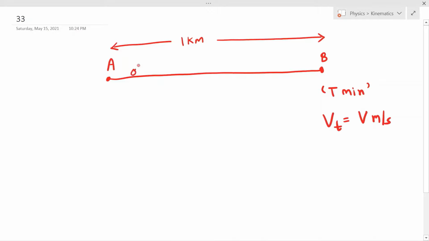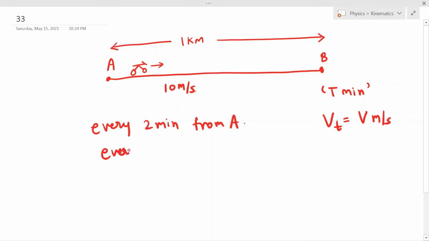Now there is a cyclist who is traveling in this direction with a 10 meters per second velocity, and every 2 minutes he encounters a taxi coming from position A, moving in the same direction as the cyclist, and every 1 minute he encounters a taxi coming from B, in the opposite direction of his motion.